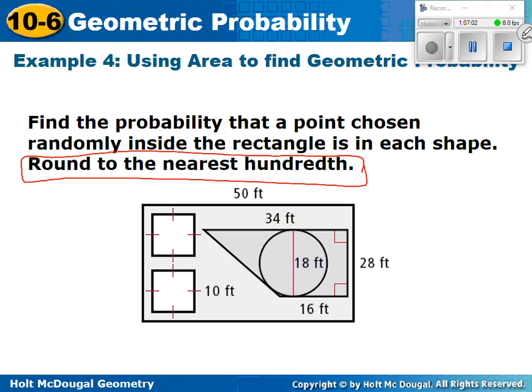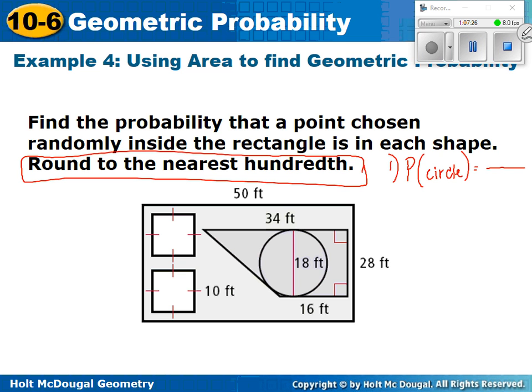And then the next one says the trapezoid, and then the last one says one of the 2 squares. So on the first one, if we wanted to find the probability that it landed in the circle, we're not going to work this one, but let's just write down what we would need to find. So on the first example, on your notes, probability of what's going to go in parentheses? Circle. What would we need to find the probability it lands in the circle?